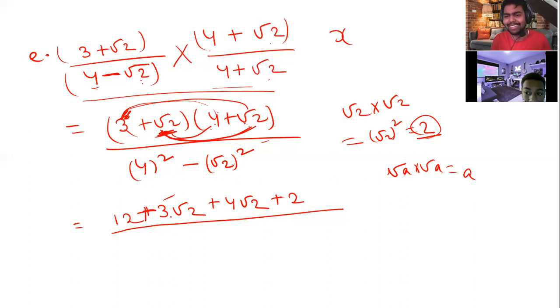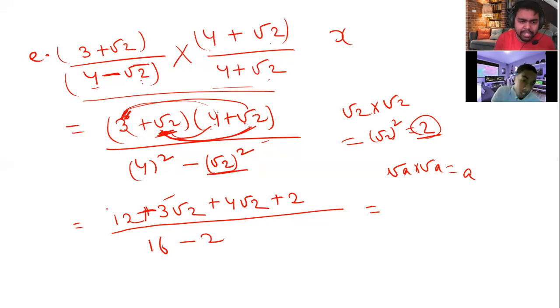Are you doing something? 4 square is 16. And what would be the value for this one? Just minus 2, so it would be just 2, right?